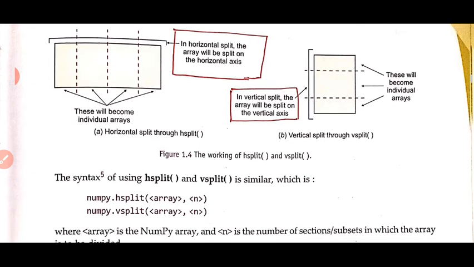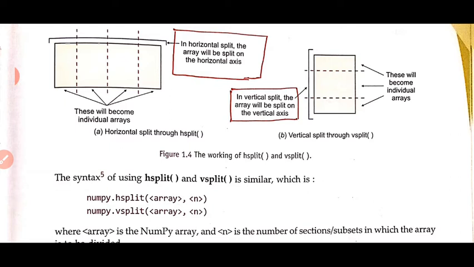Sometimes you feel it is just the opposite, written vertical split and splitting horizontally. So yes, splitting is going on horizontally, but on vertical split, meaning on the vertical axis, it will split. So when it splits on the vertical axis, then obviously it will be horizontal splitting.